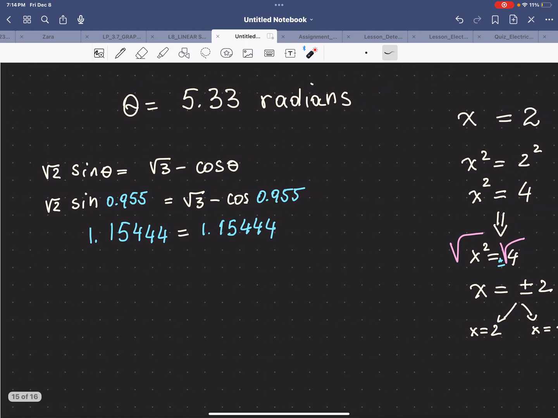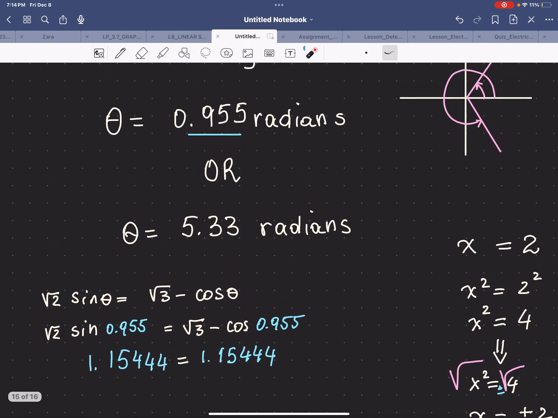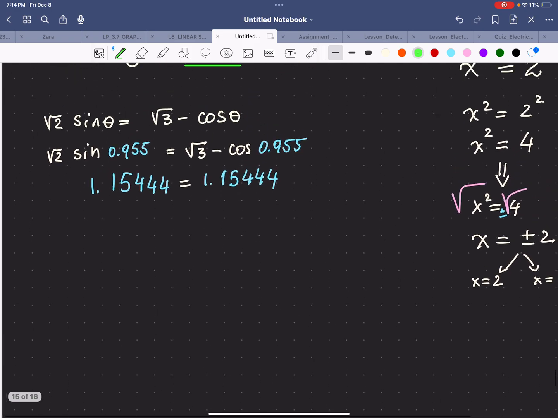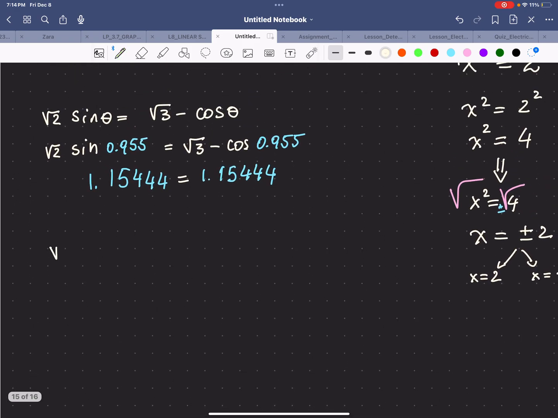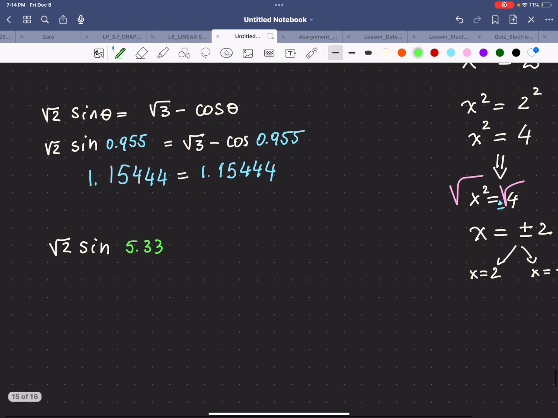Now, we're going to test the other solution, which is 5.33 radians. So let's see what that does to our equation. So root 2 sine of 5.33, we're just going to leave it there, equals square root 3 minus cosine of 5.33.